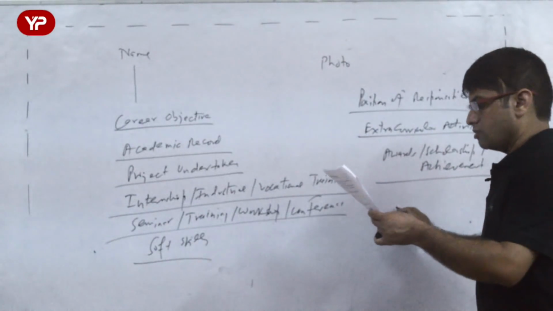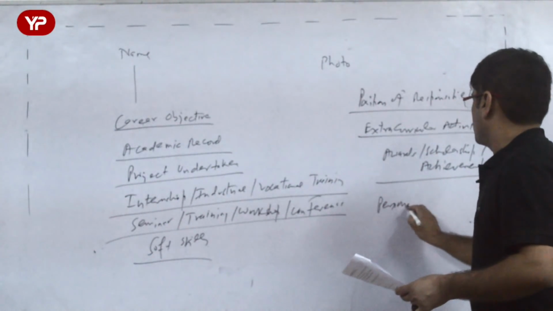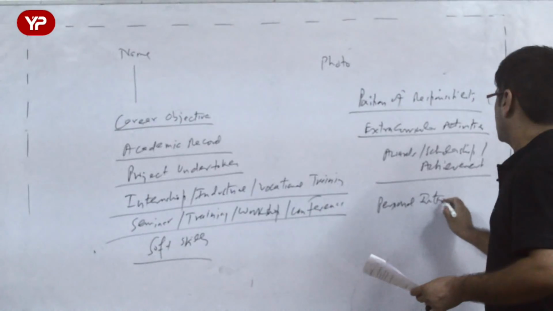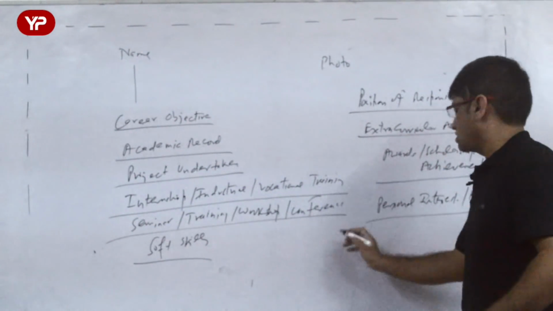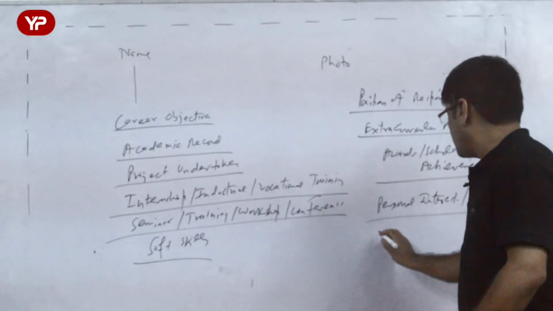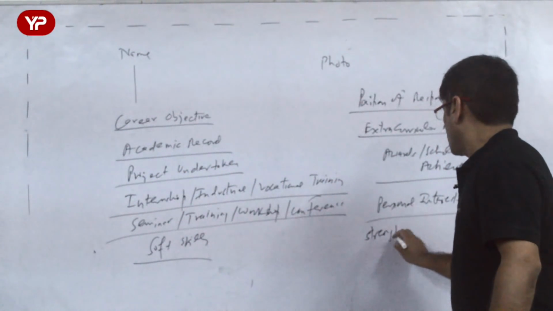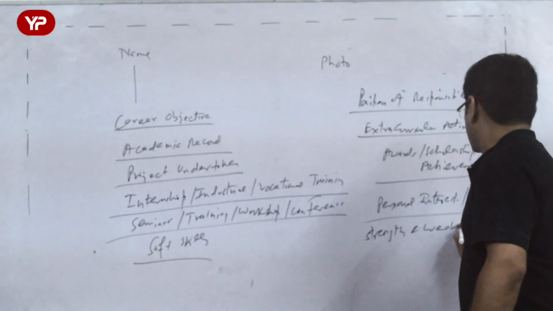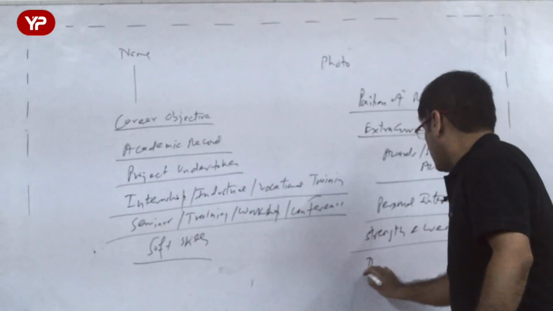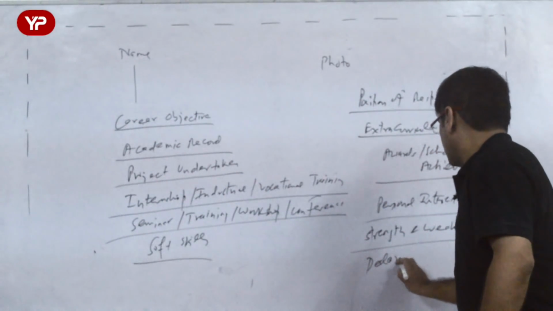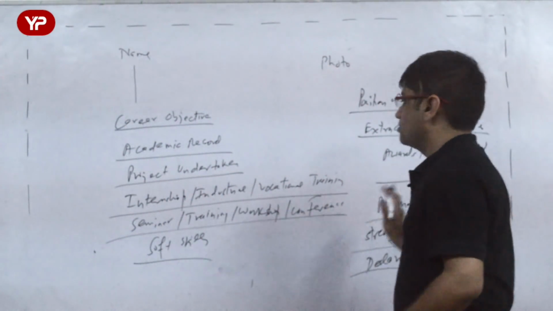After that comes personal interest or hobbies. Then comes strengths and weaknesses. So you have to write 4-5 strengths, weaknesses. Then comes at the last declaration and your name and signature.